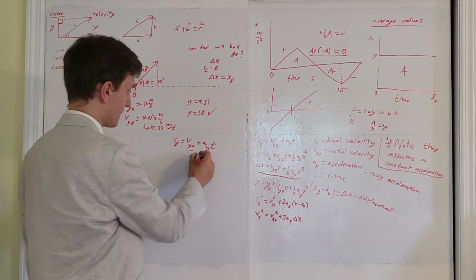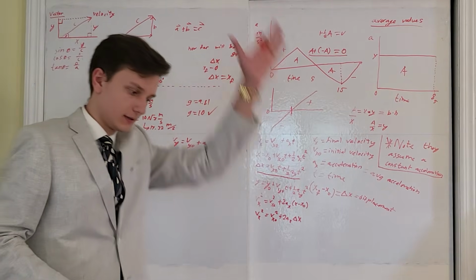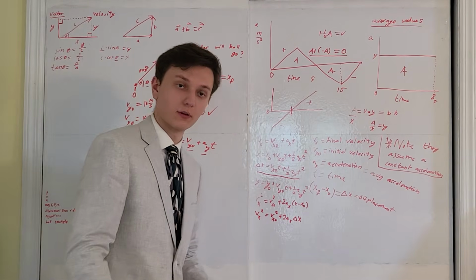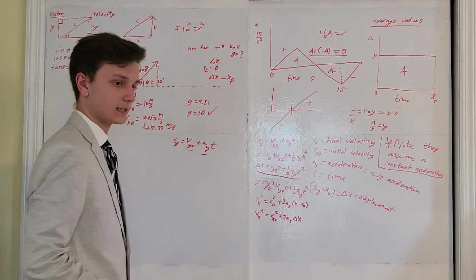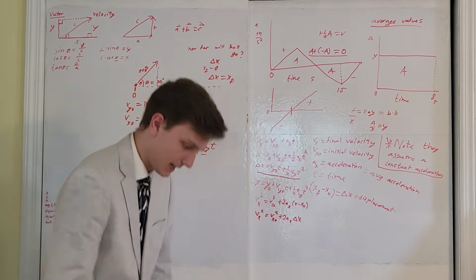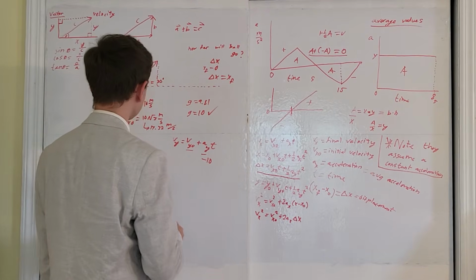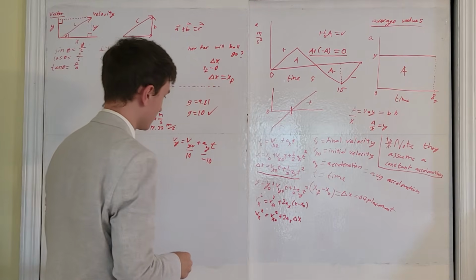For my acceleration in the y direction, what is the acceleration that we all experience pulling us down? It's the acceleration due to gravity, g. Because it pulls us in the negative y direction, the acceleration is negative 10. Our velocity in the y direction initially is 10.